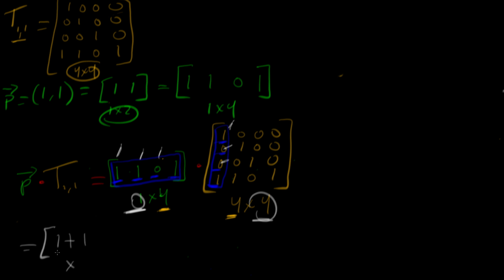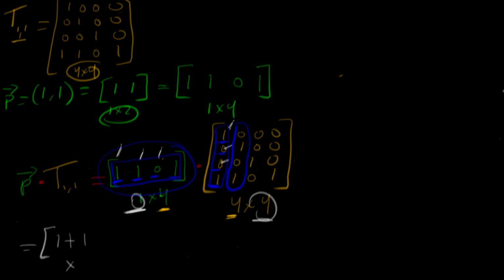Alright, so now we need to repeat for the same. We only have one row here. So we repeat the same process, but on this one, we operate on the second column. So 1 plus 1 is equal to x.